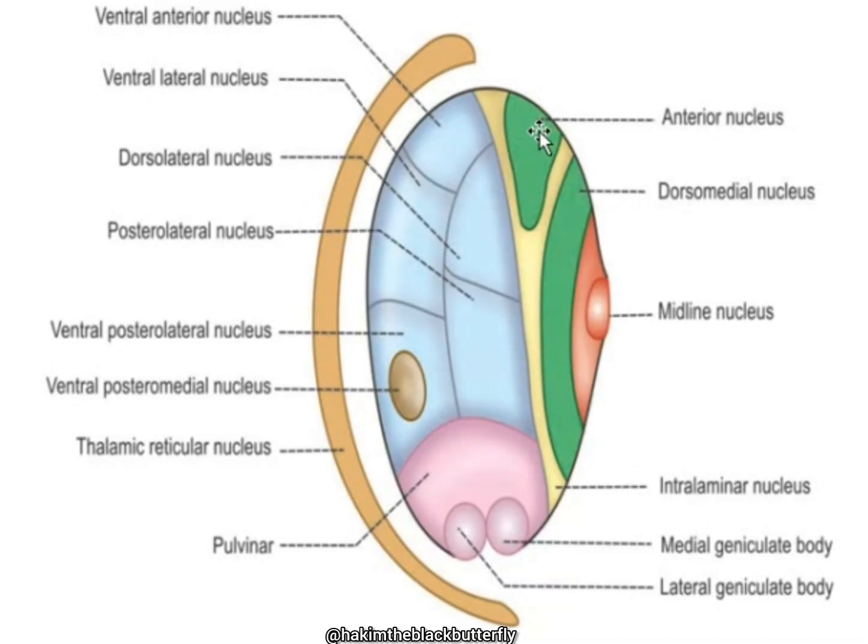Medial we have anterior and dorsomedial. Midline we have the midline. And the posterior nuclei we have what we call the pulvinar, the lateral geniculate body. Those who have looked at the optic nerve, you know the lateral geniculate body. Medial geniculate body, those who have looked at the auditory nerve. These are what we call the posterior. Then we have this reticular nucleus.